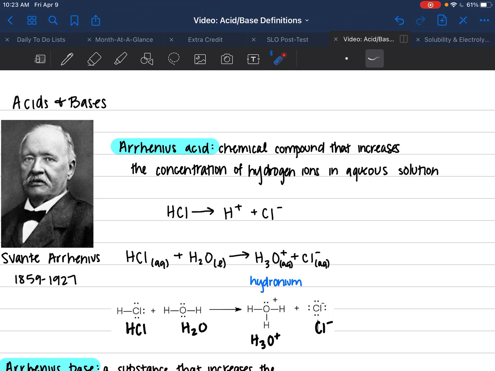Notice it has a positive charge because that basically accepted a proton. Protons are positive, so it becomes positive. And then that chlorine has taken away that electron, so it is now negative. So that's what he meant by an Arrhenius acid. That is his definition.